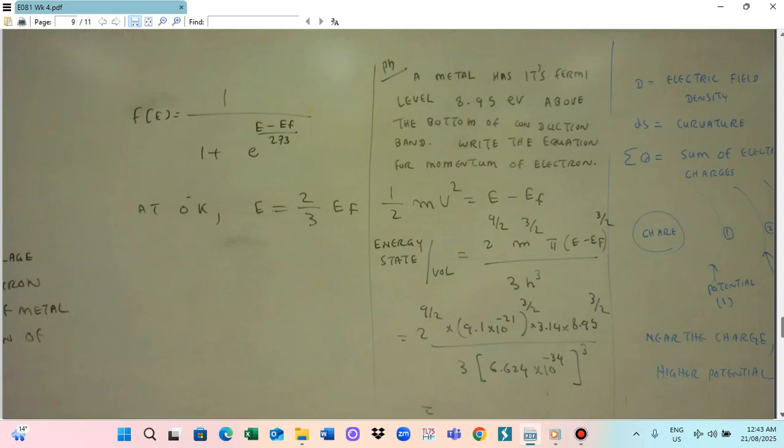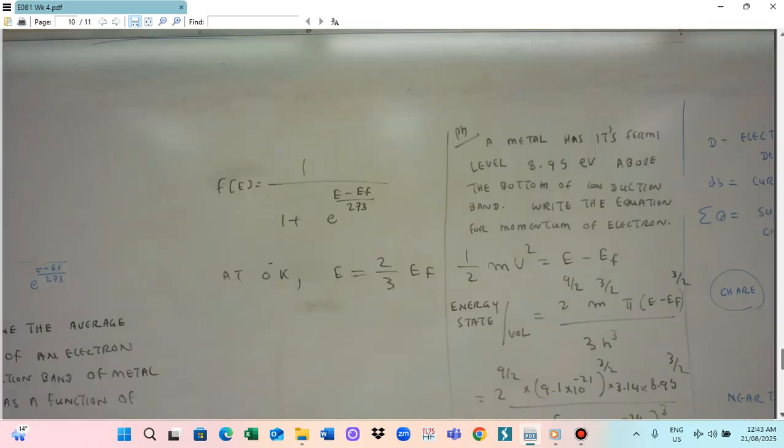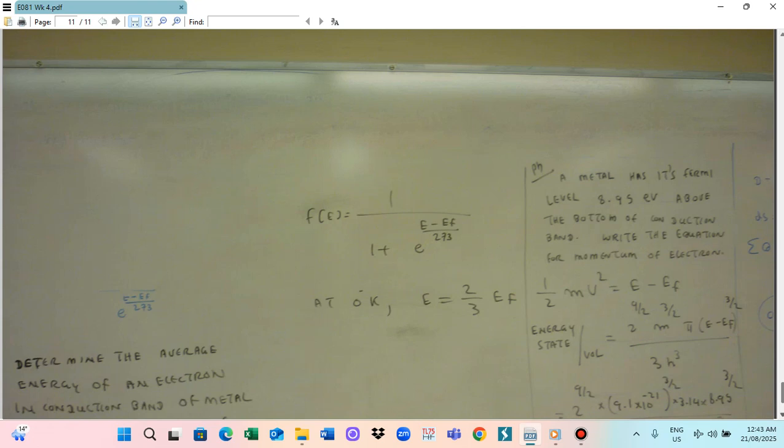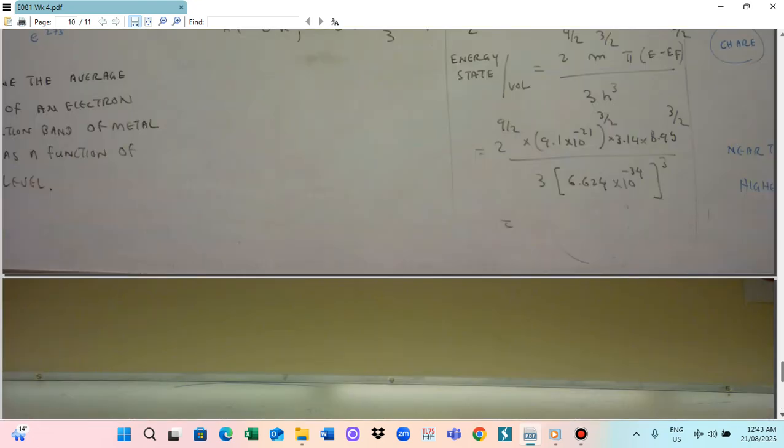Okay, so I summarize tonight's lesson. Firstly, we talked about the potential energy and the energy of the electron.